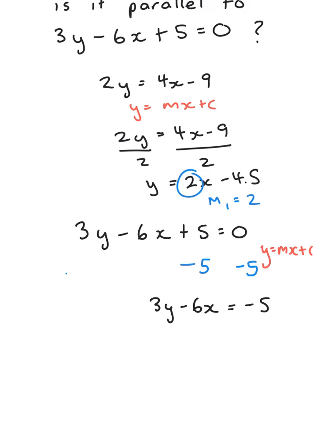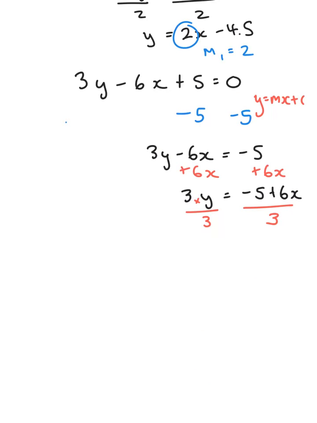To undo the take 6x, I will add 6x to both sides of the equation. 3y equals -5 plus 6x. Finally, to undo the times by 3, I will divide both sides of the equation by 3. When I simplify this, y equals -5 divided by 3 plus 2x.